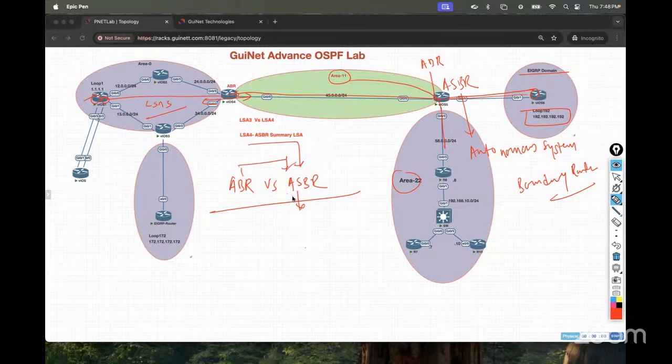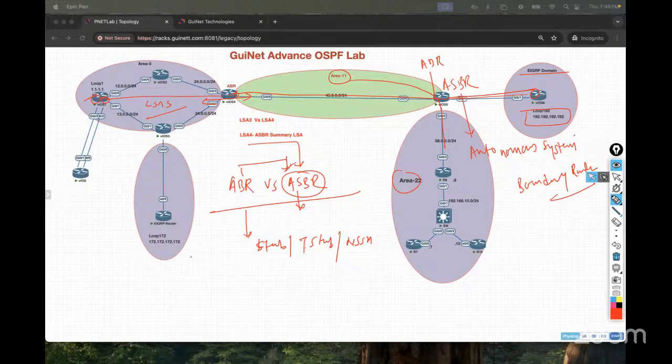The ABR is responsible for generating this LSA, and it makes sure you come to know where the route is coming from. But at the same time, LSA 4 generated by the ABR, telling your reachability, is not going to travel into a stub area, totally stub area, or the NSSA area. I hope you guys understand.